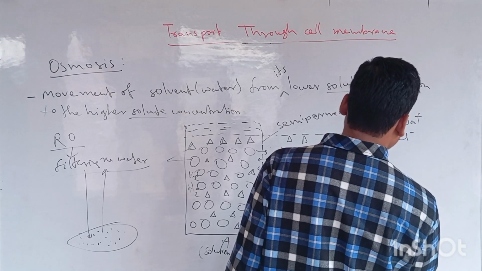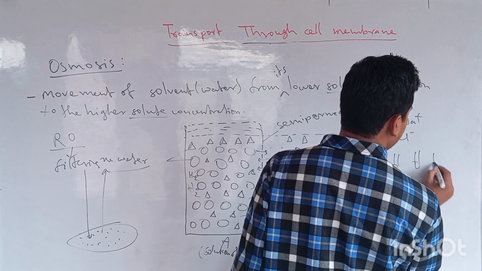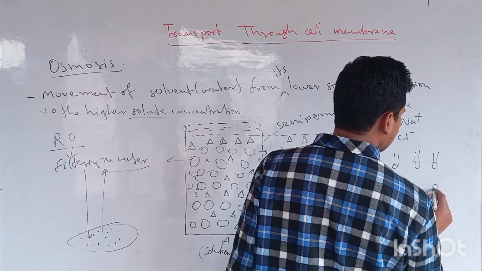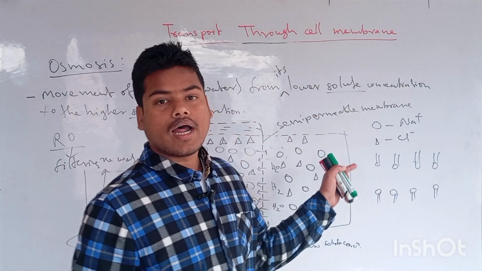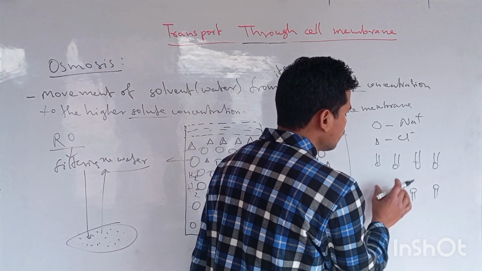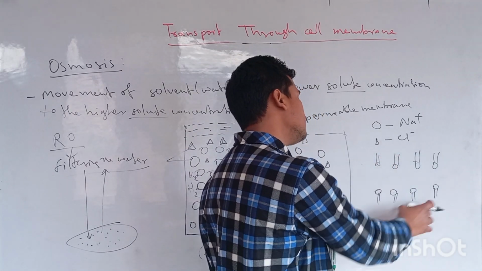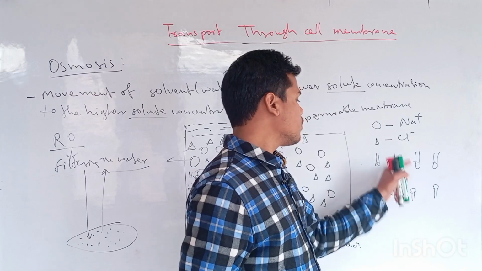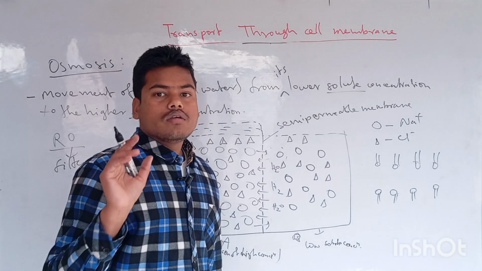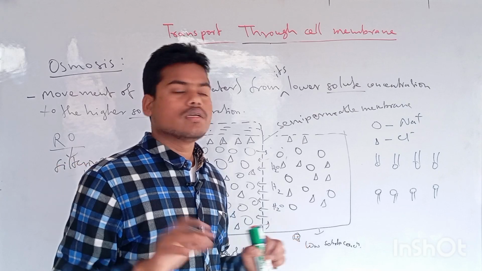When we talk about the cellular membrane, its major component is lipid, which is hydrophobic. In that lipid there are two parts: the head is hydrophilic and the tail is hydrophobic, and this tail will repel the movement of water. But water movement through the cell membrane is very rapid.